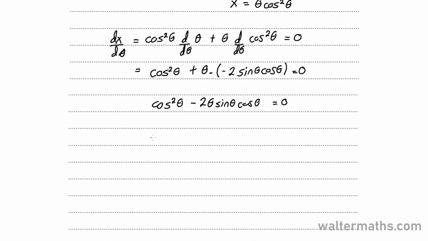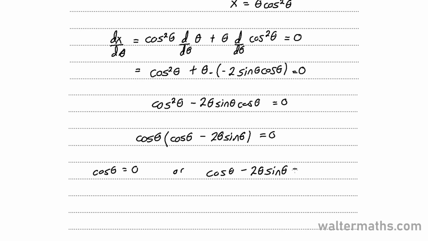Now from here I can factor out cos theta, and if I do that, I'll be having in the bracket cos theta minus 2 theta sine theta, all being equal to 0. Now it's either cos theta is the one that's equal to 0, or cos theta minus 2 theta sine theta is equal to 0.